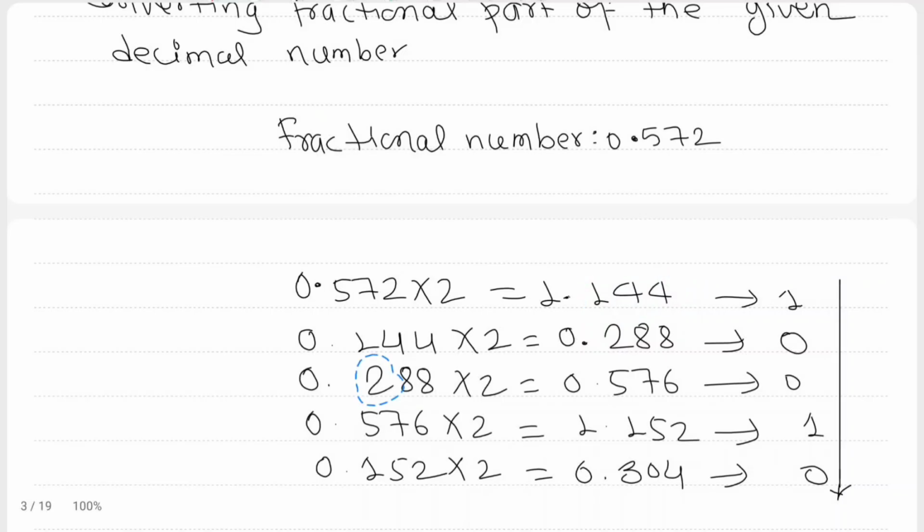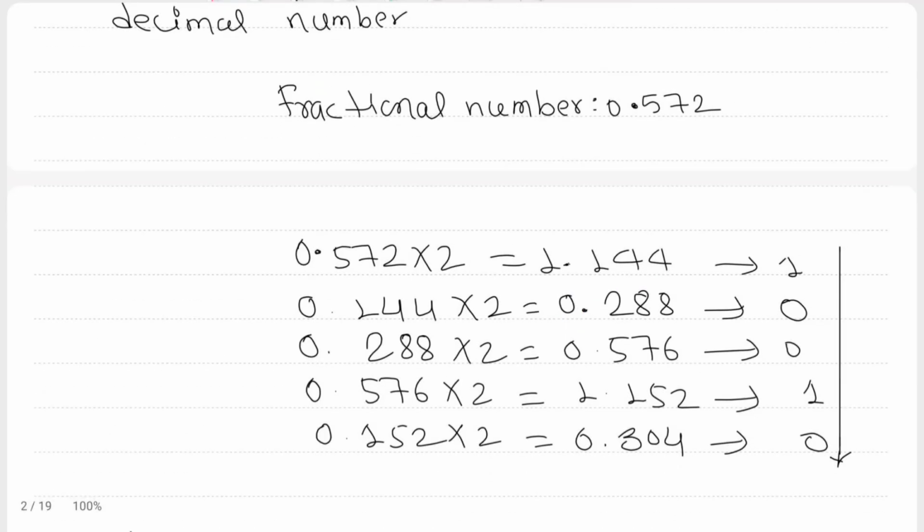Then 0.14 into 2 is 0.28. We write this 0 here. Then 0.28 into 2 is 0.56. So 0.57 into 2 gives 1.152, we make this fractional part 0.152, into 2 is 0.304. We put 0 here.